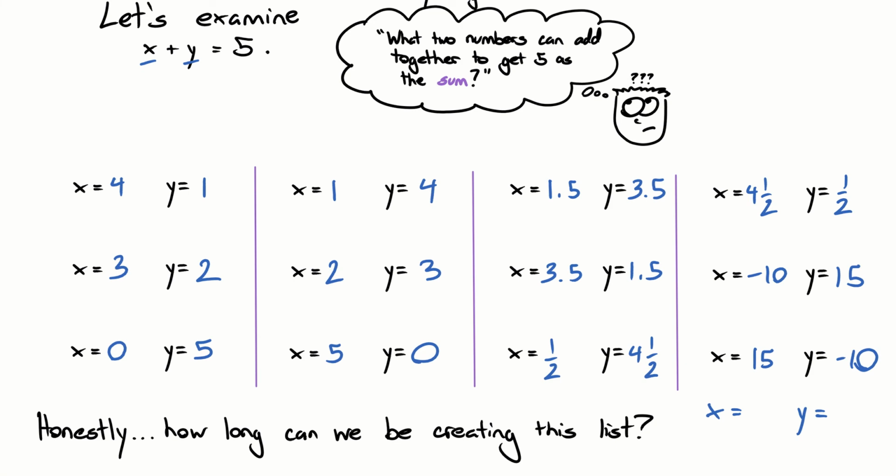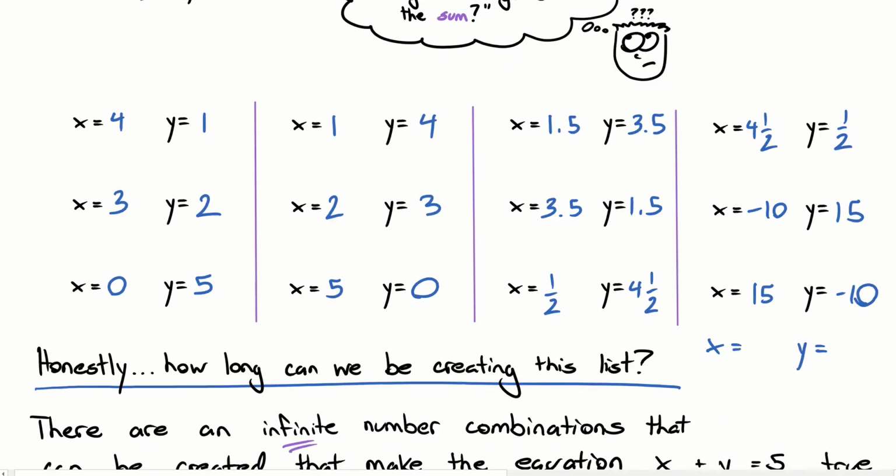What two numbers, any two numbers, decimal, fraction, negative, positive, doesn't matter, can add together to get 5. How long can we be creating this list of two numbers that add together to get 5 if we're considering every number?